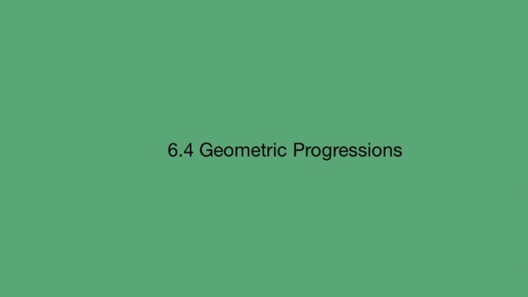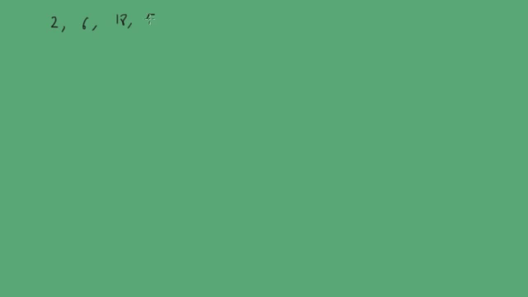Okay, today we're going to be looking at geometric progressions. A geometric progression is something like the sequence 2, 6, 18, 54, and so on. This is an example of a geometric progression. Each term is 3 times the preceding term.